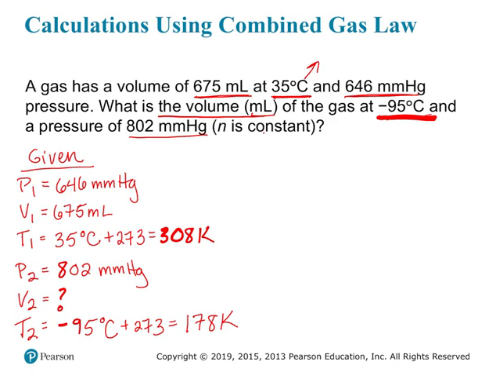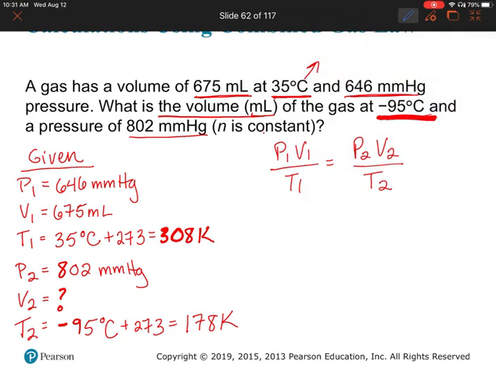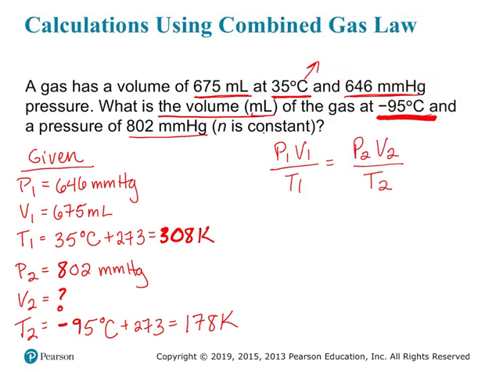Okay, so now we're just going to plug all of these values into the combined gas law. I'm going to start writing these in. I'm going to use a different color so we don't get confused here.